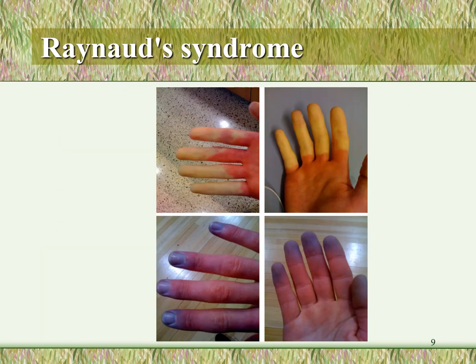This is a patient with Raynaud's syndrome, which is a peripheral vascular disorder leading to vasoconstriction in peripheral extremities. This peripheral vasoconstriction can be antagonized, can be treated by alpha blockers, leading to vasodilatation and improvement of this syndrome.